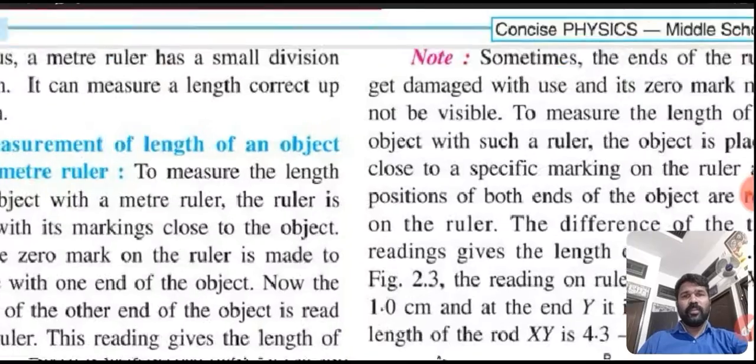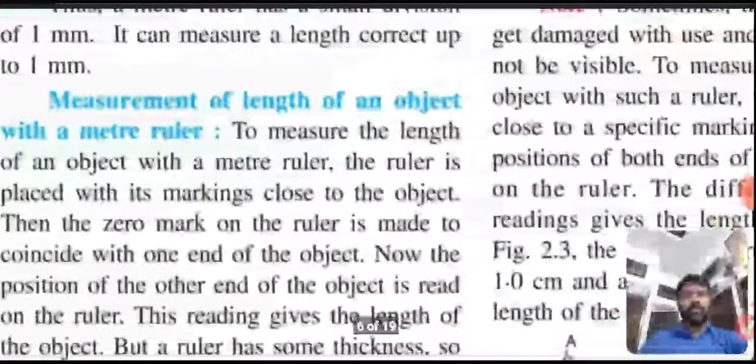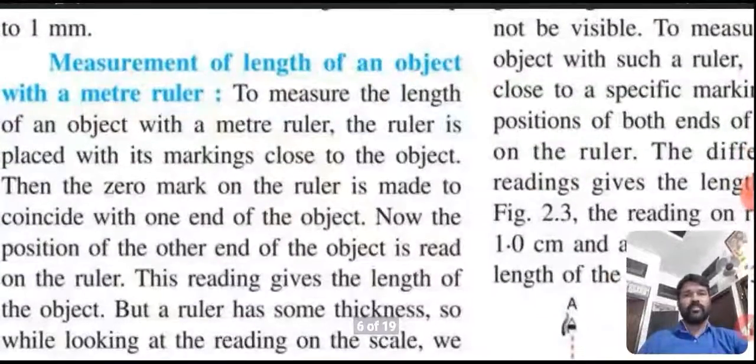Now we are going to discuss the measurement of length of an object with a meter ruler. It's a very easy thing we usually do. To measure the length of an object with a meter ruler, the ruler is placed with its markings close to the object.